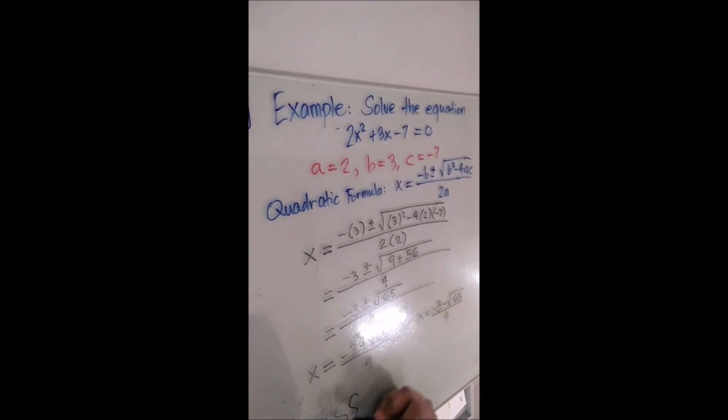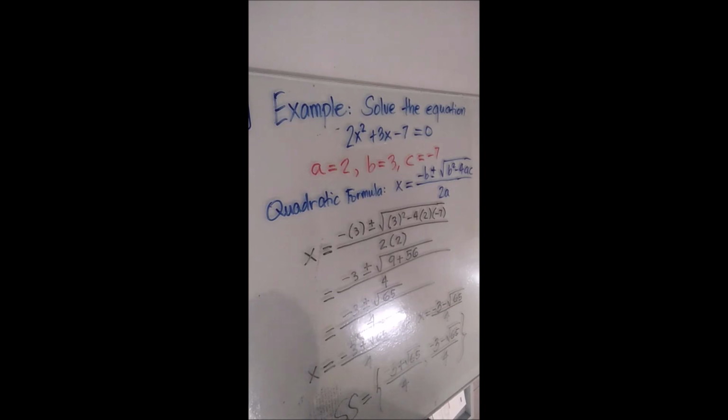So our solution set is negative 3 plus square root of 65 over 4 and negative 3 minus square root of 65 over 4.